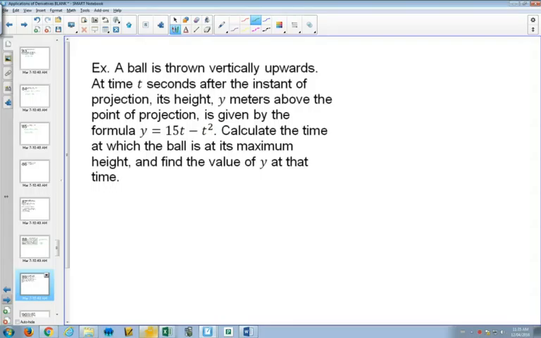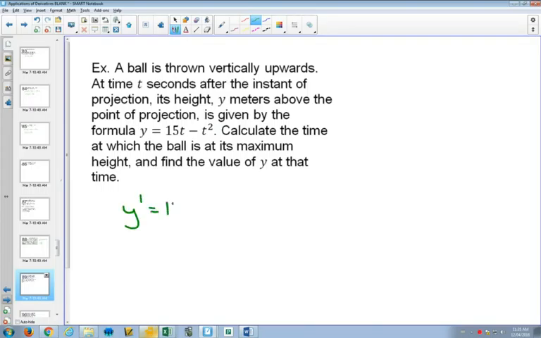So here's our ball thrown upwards. It is not on the planet Earth because there's not the right gravity involved, but we're not worried about that. Here we've got an equation, y equals 15t minus t squared, and we're going to figure out when it's at its maximum height and find the value of y at that time.